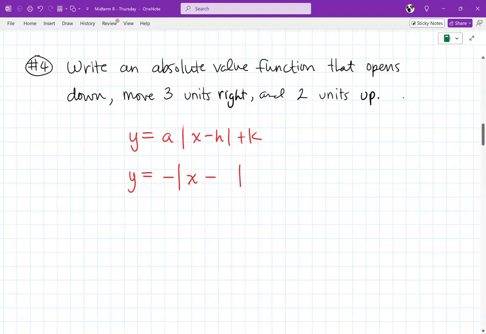So it's x minus 3. If it looks negative, it moves right. Put that in your notes so that when you're looking at this, you can read it. And then 2 units up, well, this one's going to be positive 2. And there you go.